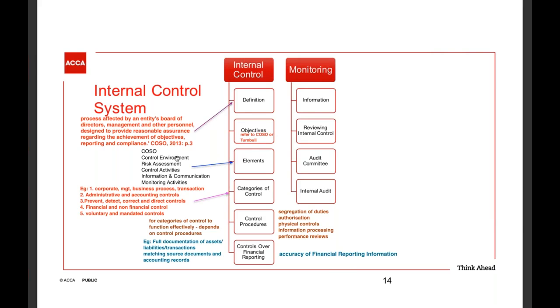So if the board is concerned about the internal control system, and they participate in ensuring that the company has a good system, then indirectly your company will be able to set up a good internal control system.